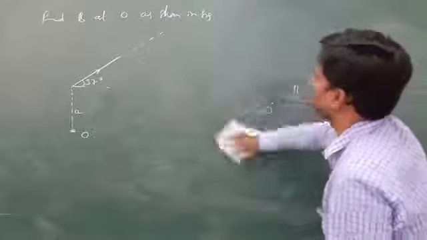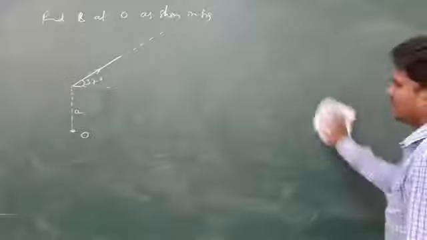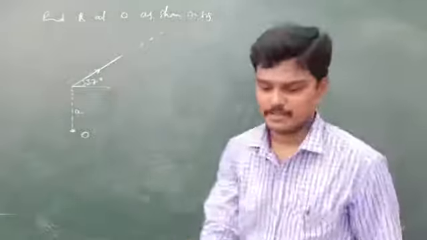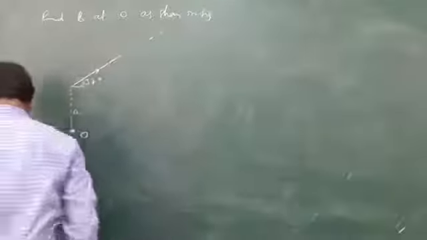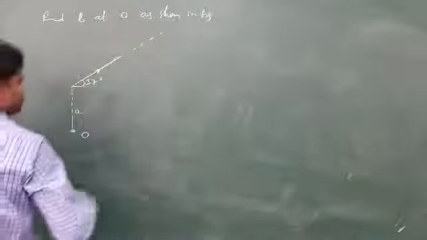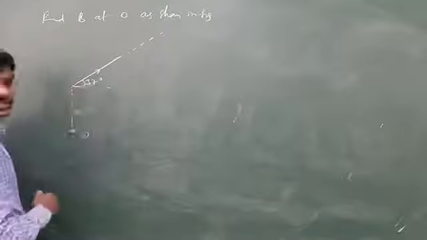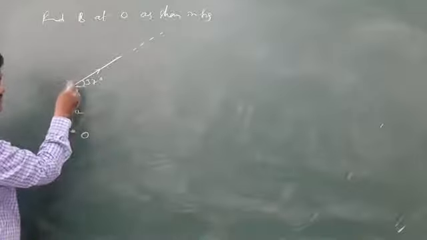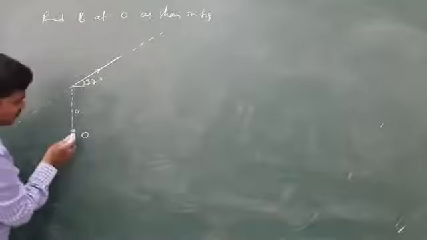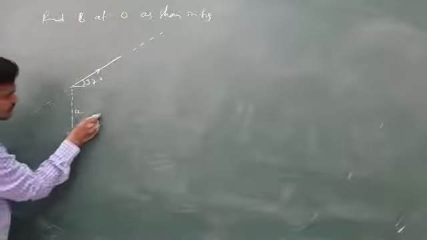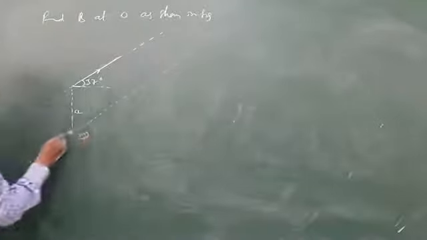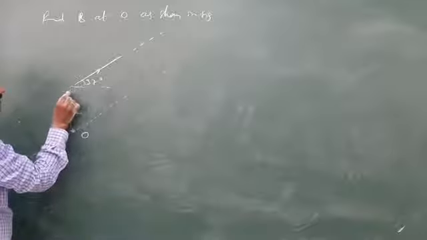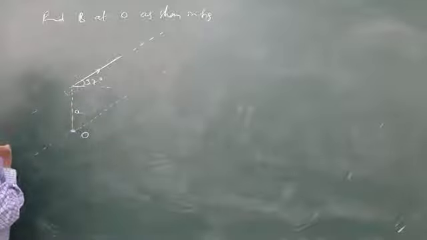So your target is to identify the d value, meaning the perpendicular distance from the wire, and the alpha and beta values. To solve this type of question, from this point you draw a parallel line to this one. Just extend this line and draw a parallel line. And see, this is 37, this is 90, and this is 53.